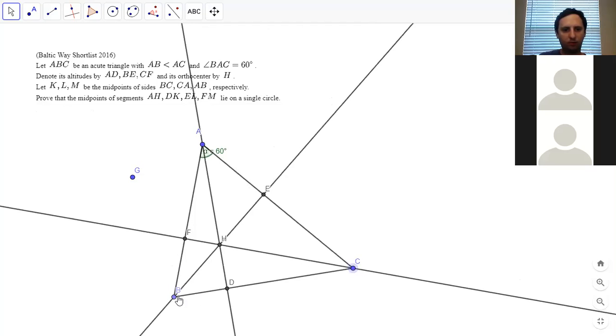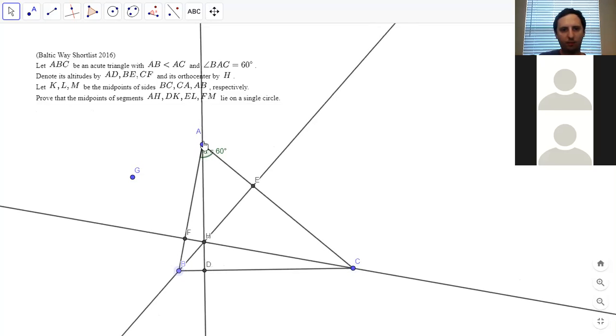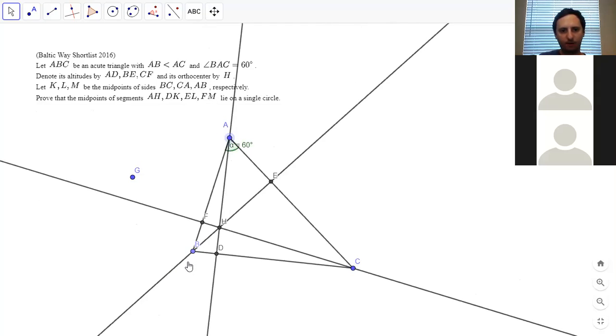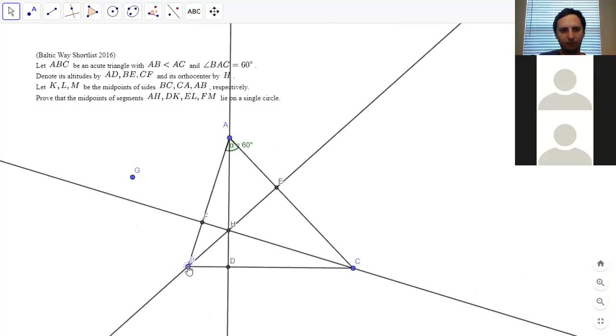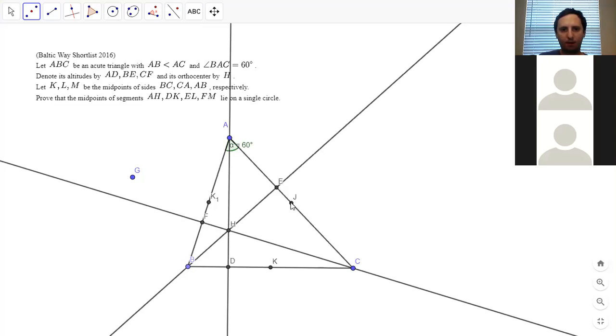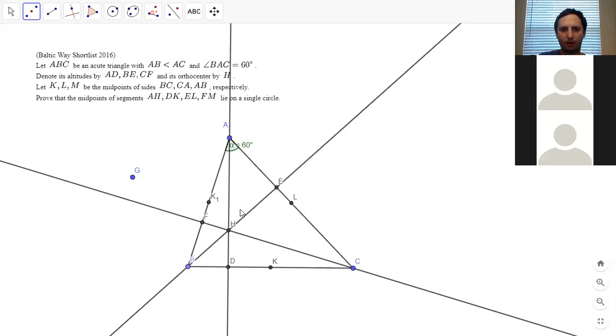Just trying to make it a little bigger. Now let me move A a little more this way. There we go. That looks good. All right. So this is K, L, and M.